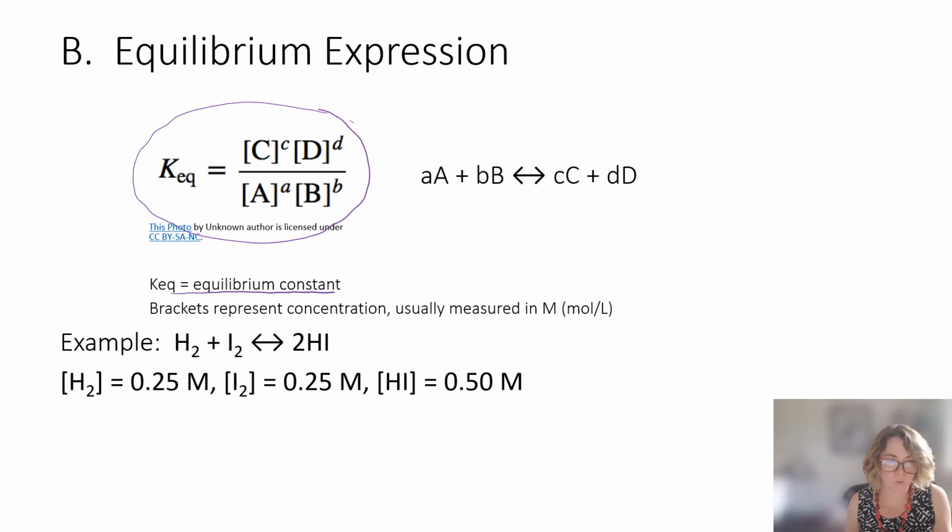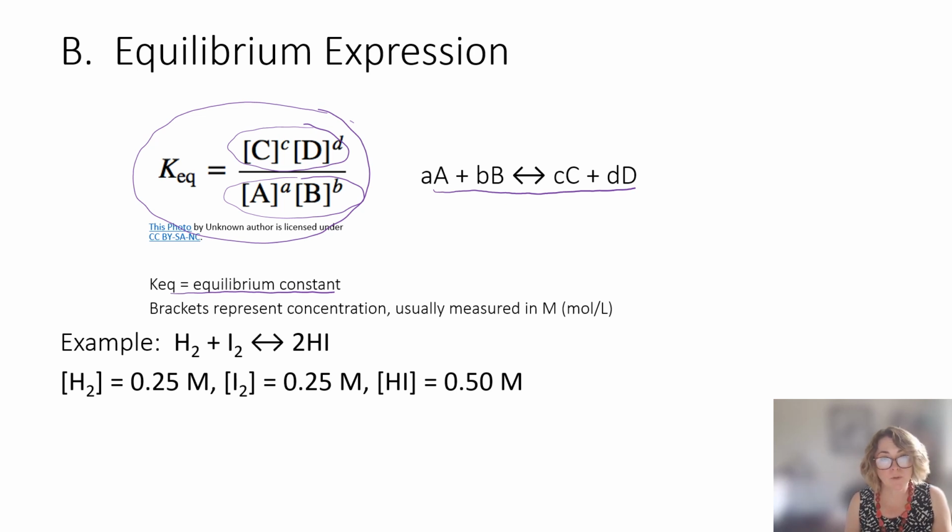KEQ is called the equilibrium constant. And this equilibrium expression is being written for this generic reaction that I have here. What you're going to see is that it is the products raised to the power of their coefficients divided by the reactants raised to the power of their coefficients.